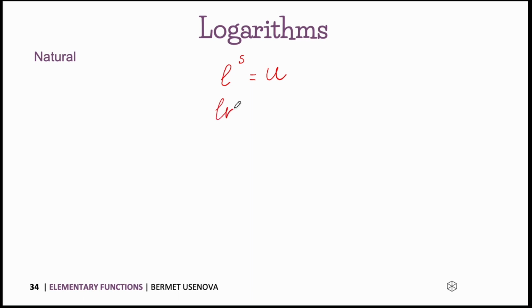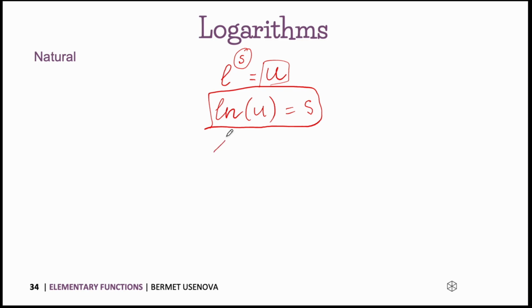So what is a natural logarithm? The natural logarithm is the unique number s that satisfies this equation. So we express our exponent by writing it as the logarithm. It means that this is the power to which we raise Euler's number, and then we get u. Because normally a logarithm we write as log, and then we have a base.